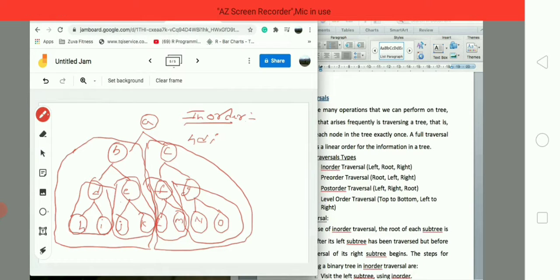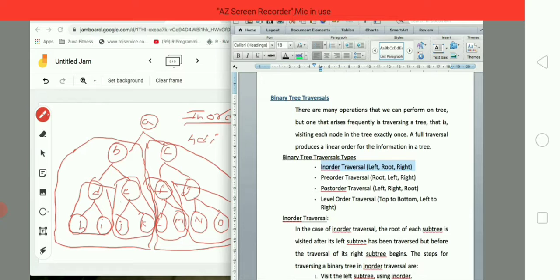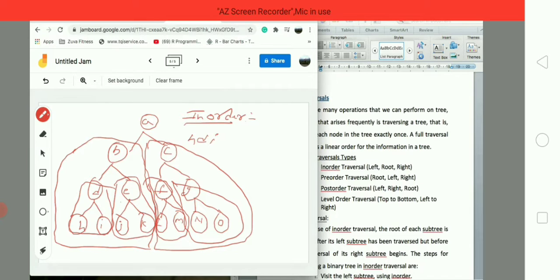Now, this D belongs to the left side. Now we have to visit the root. Why do we have to visit the root? Because of the definition only we are checking. Now we completed the left side, so we have to visit the root. What's the root of HDI?